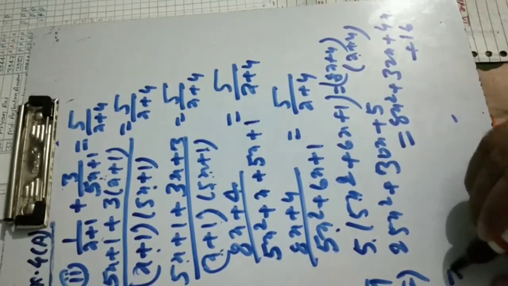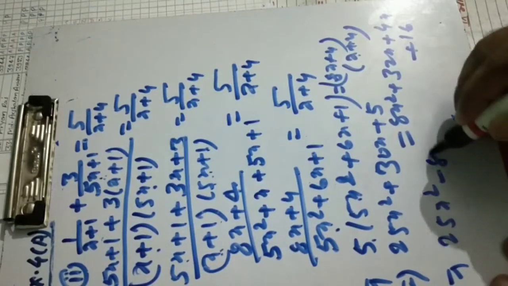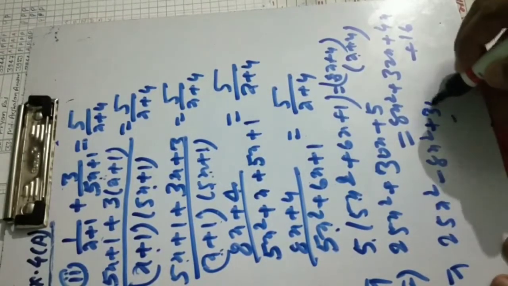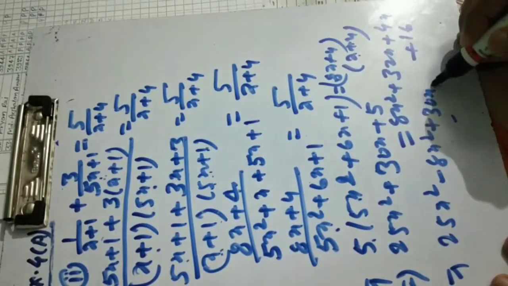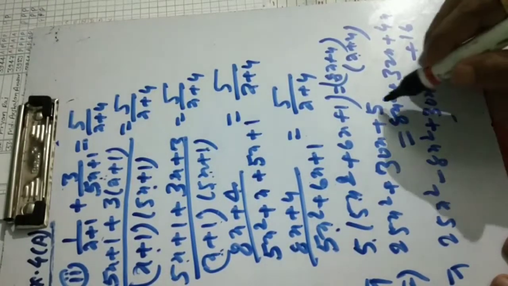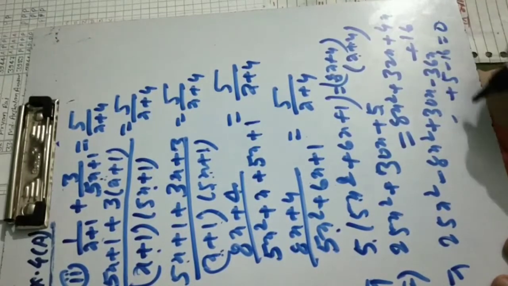Then we get 25x square minus 8x square plus 30x minus 36x plus 5 minus 16 is equal to 0.